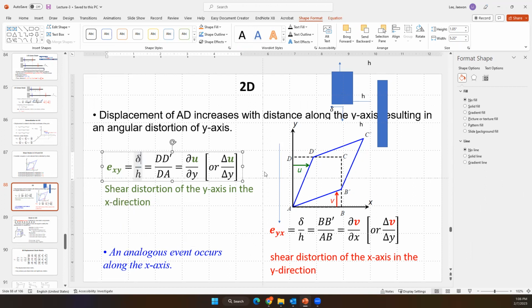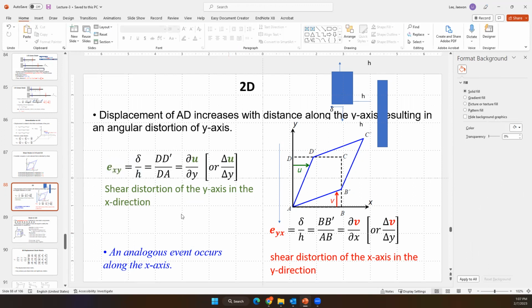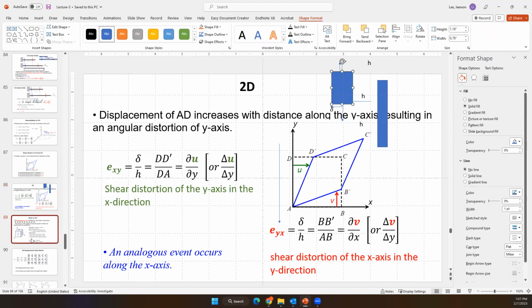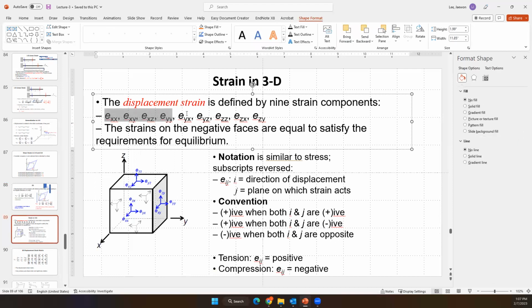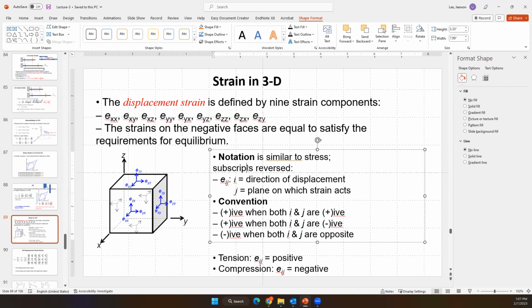And then delta is related to the x direction distortion. Then it is related to the displacement strain. But the important thing is the notation. If we think about EIJ, the first one, I, is the direction of the displacement. J is the plane on which strain acts.